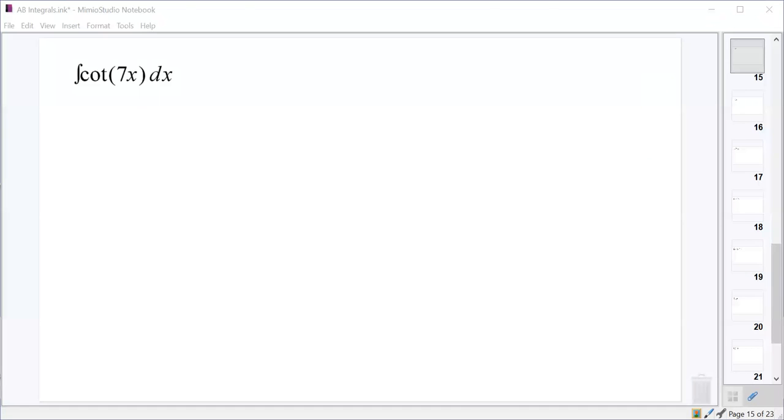All right, so what did we do for our u substitution? Made u equal to 7x. All right, if we let u equal 7x, then what is du? 7 dx. Should be 7 dx, good. And do we have a 7 dx inside of here? No, but we could make one. We can put a 7 in there, right? 7 cotangent of 7x dx, that gives us the 7 dx, but then we've got to put a 1/7 somewhere in there also.